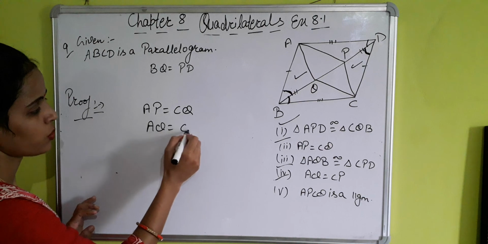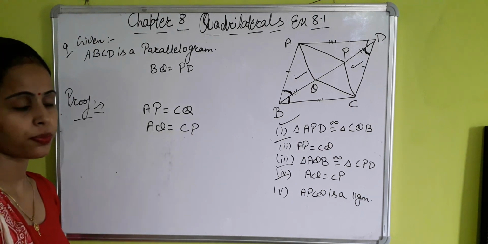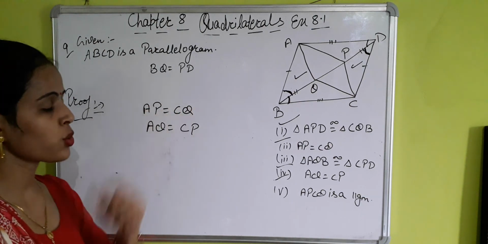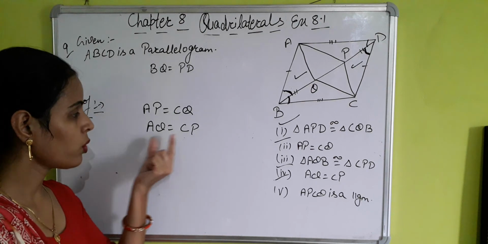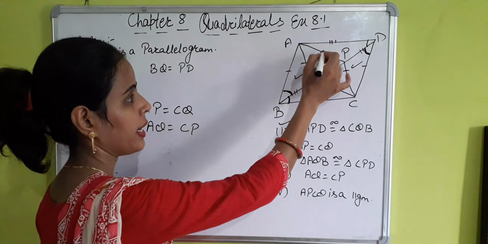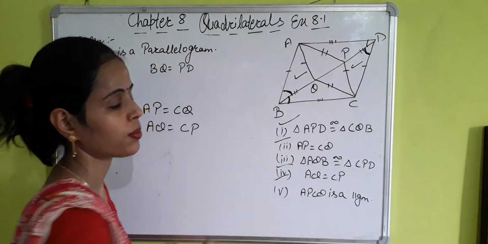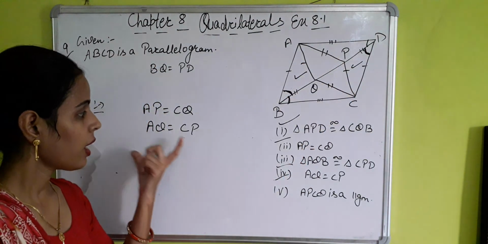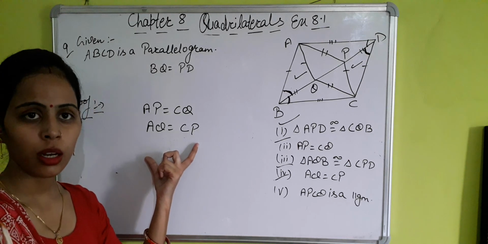If AP equals to CQ and AQ equals to CP, then opposite sides are equal.